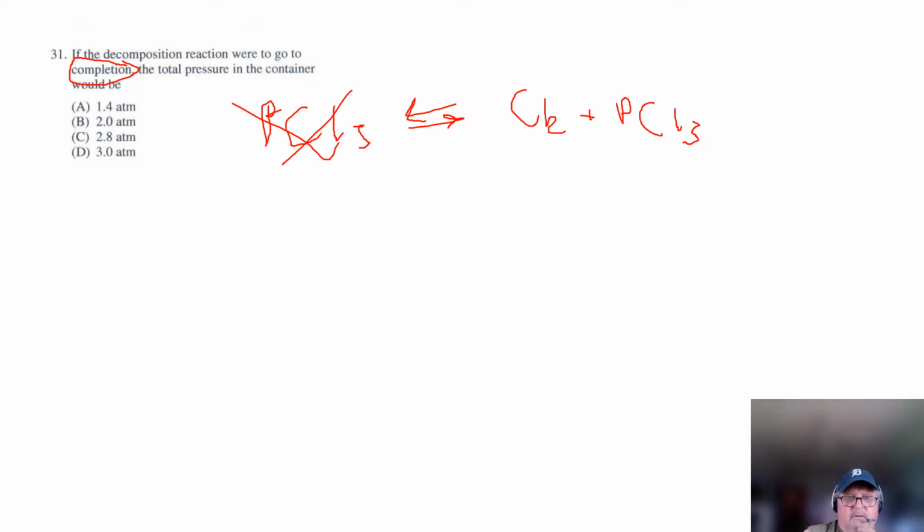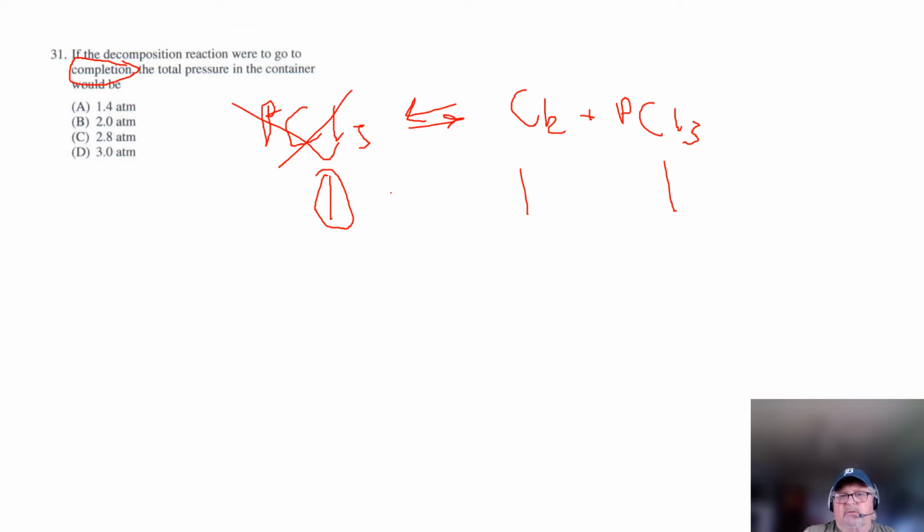Okay, problem number 31. So we have our equation. This says it goes to completion. That means there's none of this left over. So you start at 1 mole, and if you have 1 mole of this, it will produce 1 mole of this and 1 mole of this.